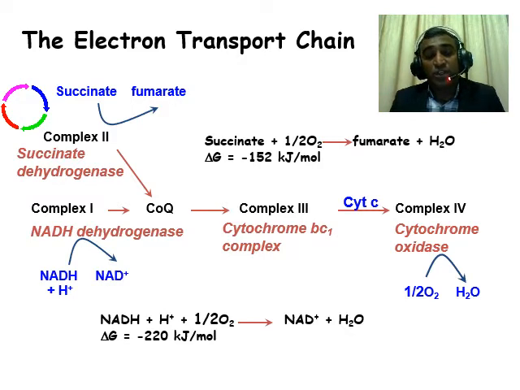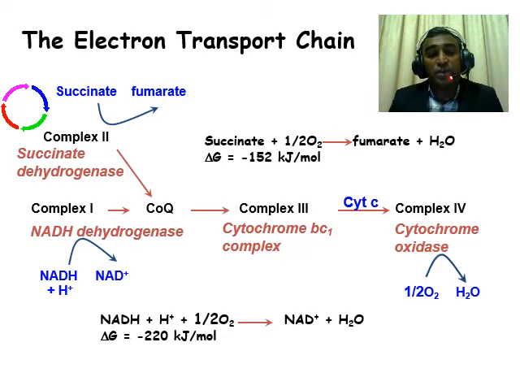So in terms of these complexes, you have complex 1, complex 2, complex 3, and complex 4. Of course, separated from this electron transport chain is complex 5. Basically, these complexes will carry the electron up to oxygen, and oxygen will be made into water molecules.